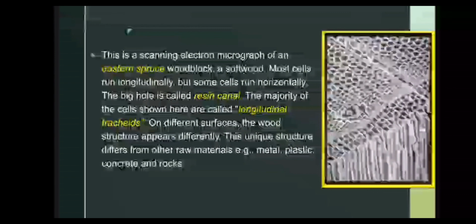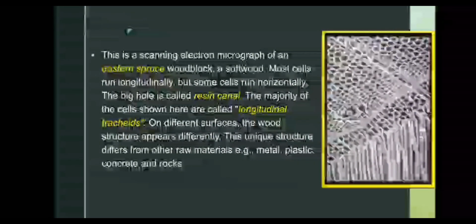This photo on the right side is a scanning electron micrograph, an example of a softwood, an eastern spruce wood block. As you can see, there are more longitudinal tracheids than horizontal. There is also a big hole with the abbreviation R and C, and that is the resin canal.